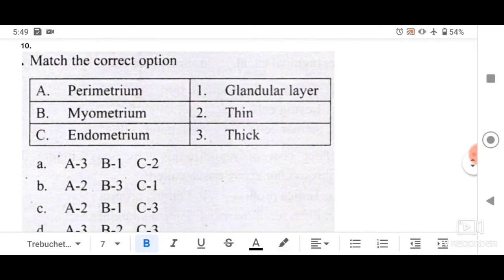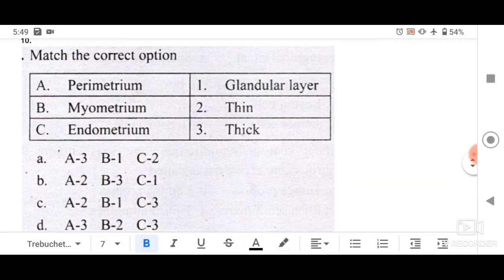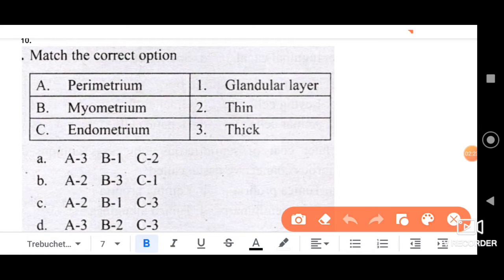Dear friends, the next question we have here is to match the correct option. It's very clear now that firstly we have the perimetrium, followed by the myometrium, then the endometrium. These are the three layers of the uterus.